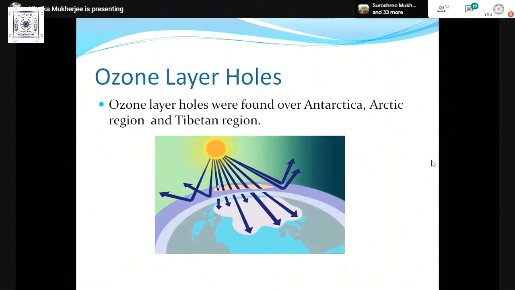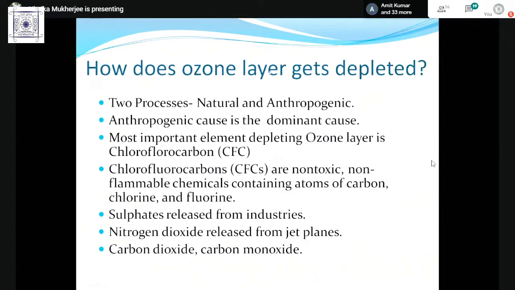This is how the sun's rays will enter the Earth's surface if the ozone layer gets depleted totally. It is shown in this diagram. As for ozone layer holes, it's not exactly holes, it's a few depleted areas which were found over Antarctica, the Arctic region, and the Tibetan region.